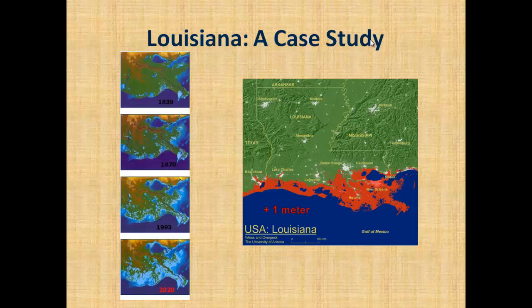A soft engineering solution would be building these barrier islands up again. Barrier islands, like I said before, were a natural barrier to slow down these waves, which will slow down the coastal erosion and protect these wetlands.